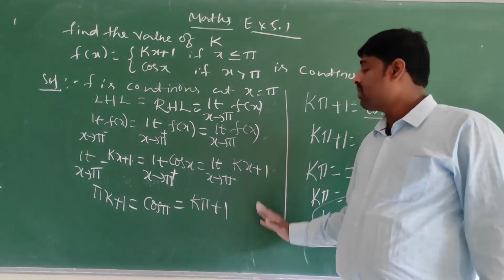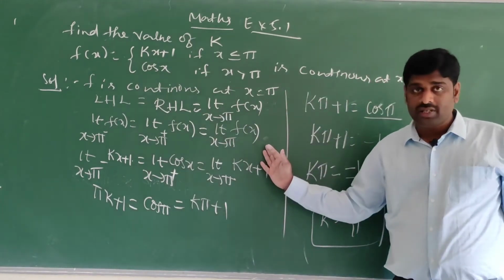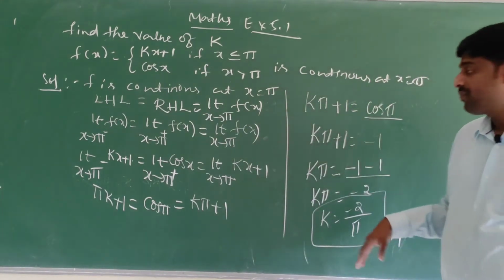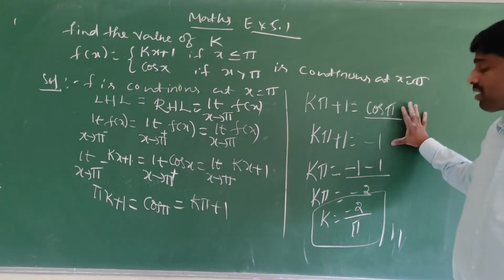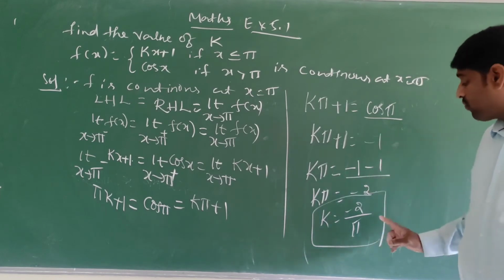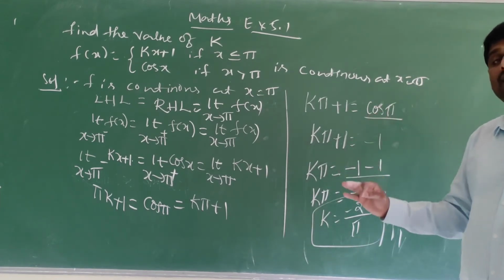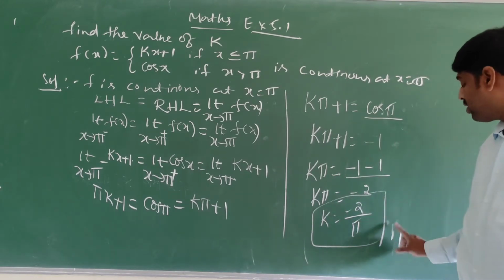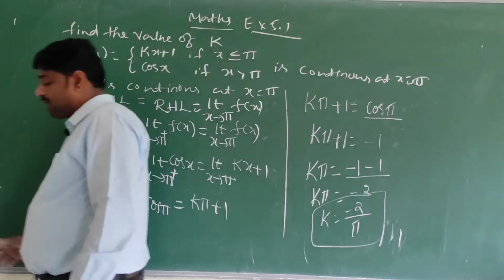So these 4 steps are the same procedure for all problems. These 2 steps are 1 mark, and these 2 steps are 1 mark. For the answer, 1 mark. Not only for this question, for all questions you have to write the answer. So within the bracket, they will give 1 mark. Okay, this is the solution for this problem.